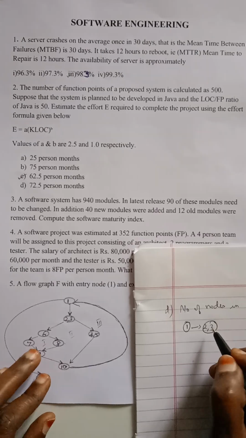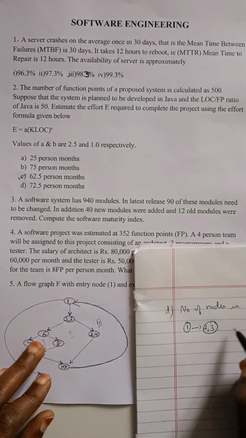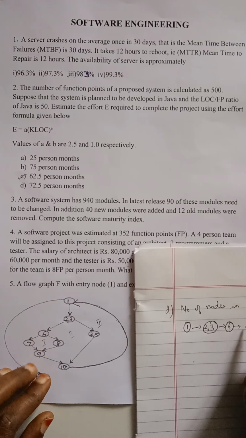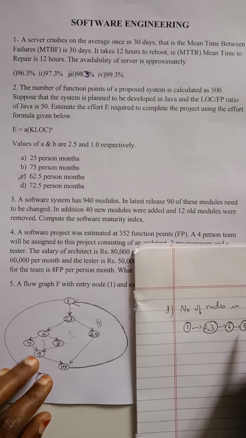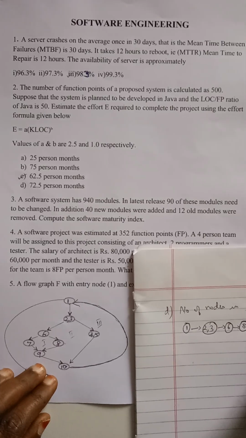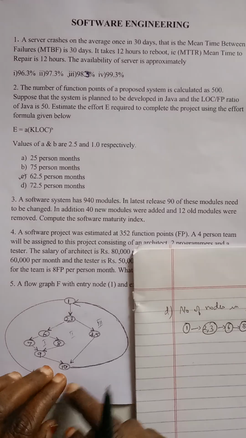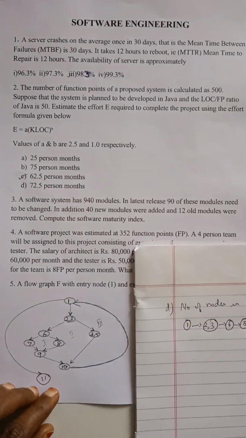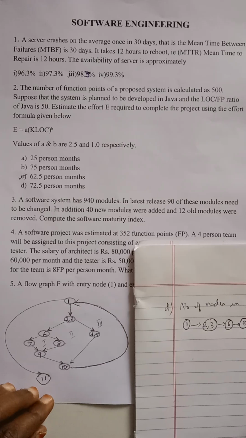Next you'll go to the 6th node, then you'll go to the 8th node. 8 or 7, you can take anything. So the 9th node, then you go to the 10th node, then again to the first node, then from the first node you go to the 11th node.